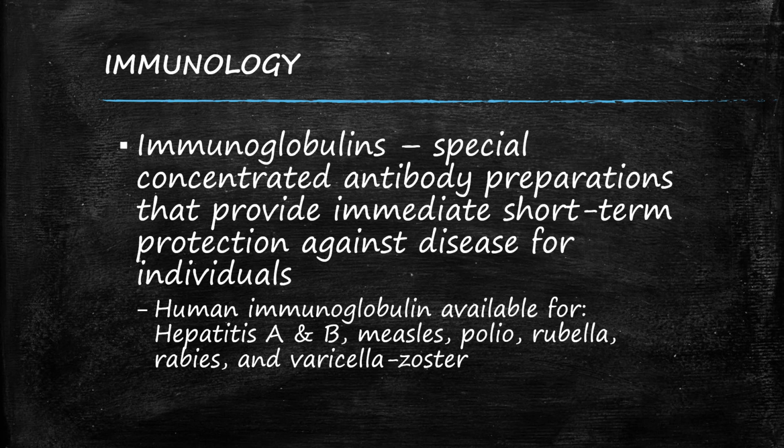Immunoglobulins are available for hepatitis A and B, measles, polio, rubella, rabies, and varicella, and may be appropriate to give to people as they have been exposed to various diseases, to help them not come down with the disease.